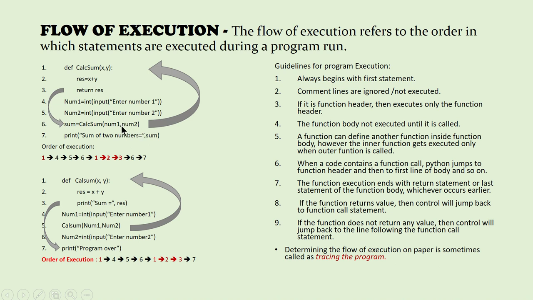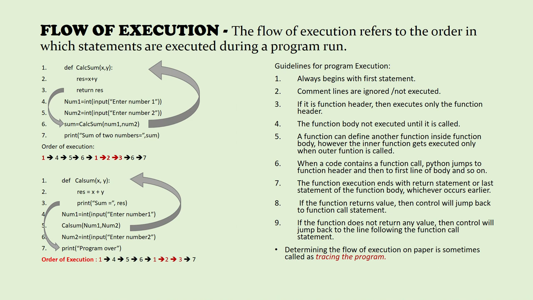During execution, when there is a function call statement, the control will be transferred to the place where the function definition has been written. When we are learning about functions, one thing you have to understand very clearly: even though the function is written in the first 3 lines of my program, its body will not get executed. Only the header of the function gets executed while the program starts executing.